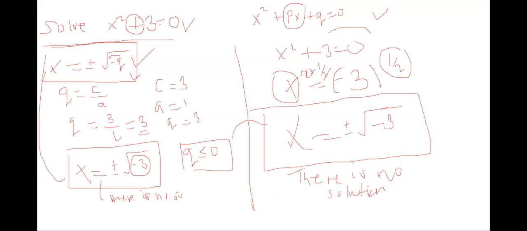So let's look at case 2. In case 2, the constant term is missing. And what does that mean?